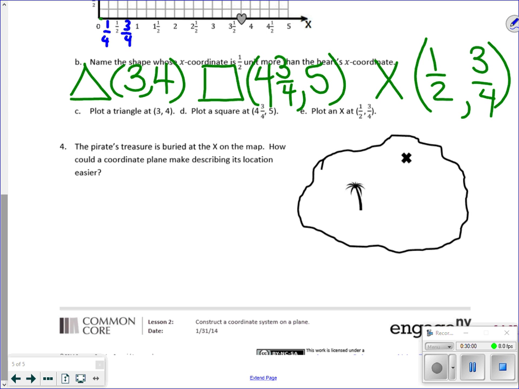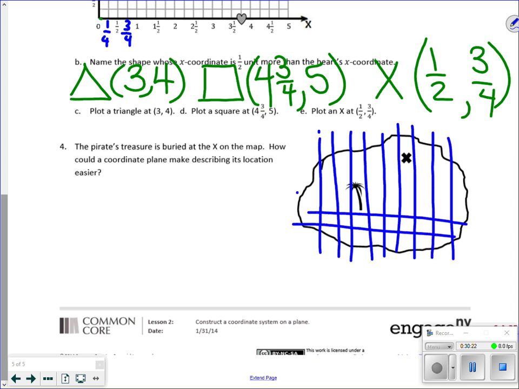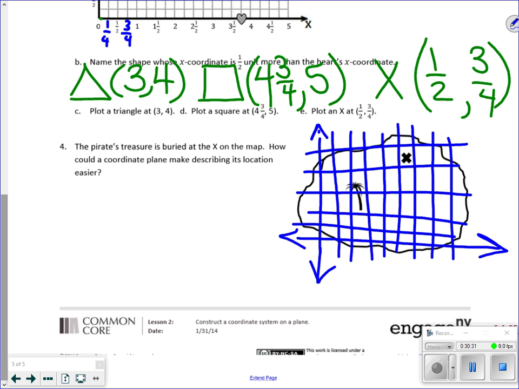Yes, sir. Kind of. Well, you would draw it back into coordinates, something like this, right? No, this is not like a coordinate plane. Something like this is not what we've been doing.